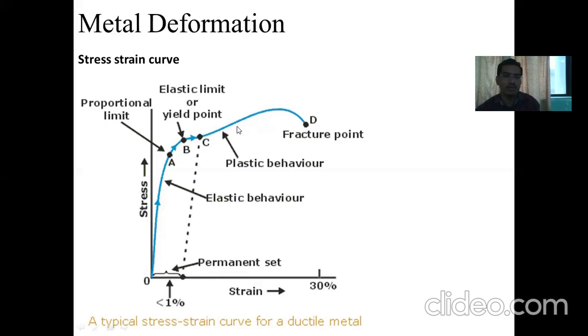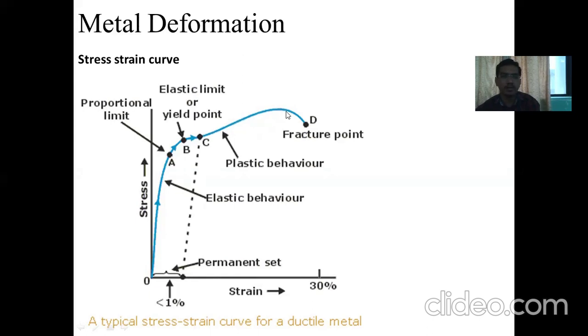The deformation beyond the elastic limit is called plastic deformation. In this region, after removal of the load, the material does not regain its original shape, size or dimension. That's why it is called plastic deformation. The material gets plastically deformed.